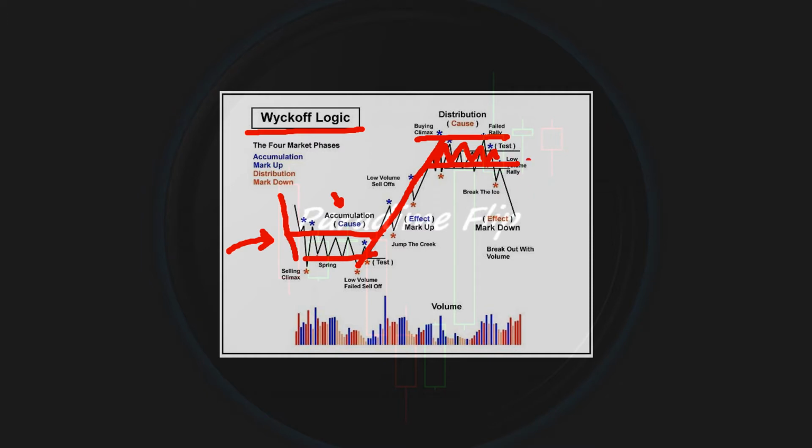From this phase we go back into a trending mode. This is exactly what the market does, and if we understand what's happening in this picture, we can understand what's happening within market structure, because this is what market structure entails.